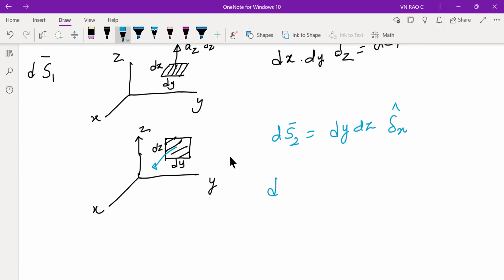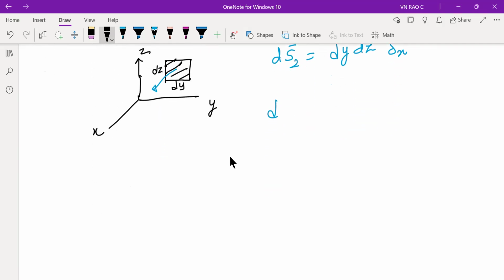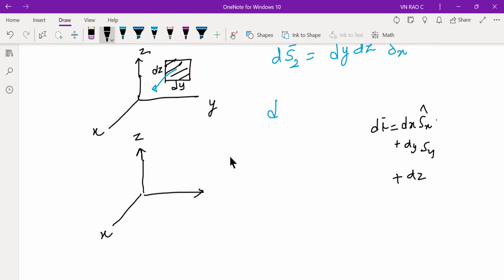Similarly, what will happen with respect to ds3, that means area ds3? We need to be careful here. In the differential length, we have dx delta x plus dy delta y plus dz delta z. We have considered two other things. Now the last one is dz dx, into delta y. So this is known as ds3.